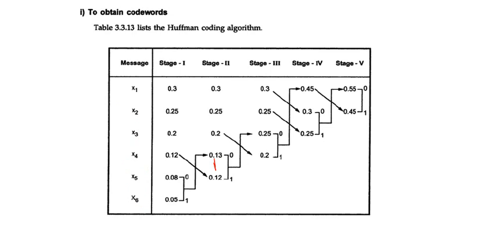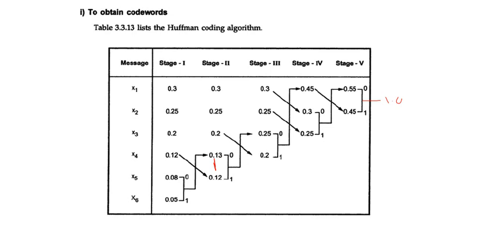That combined probability is 0.55, and 0.3 is assigned 0 and 0.25 is assigned 1. And in the final stage 5, if you combine both of them, finally you will get 1.0 probability, and the least one, 0.45, is assigned 1 and 0.55 is assigned 0.